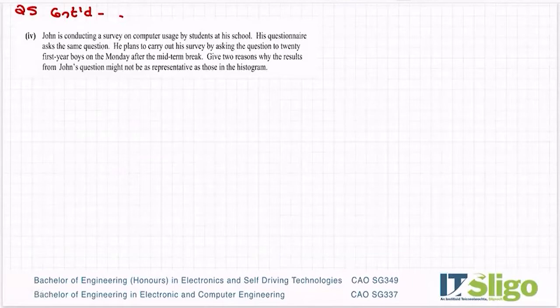John is conducting a survey on computer usage by students at his school. His questionnaire asks the same question. He plans to carry out his survey by asking the question to 20 first-year boys on Monday after the midterm break. Give 2 reasons why the results from John's question may not be as representative as those in the histogram.